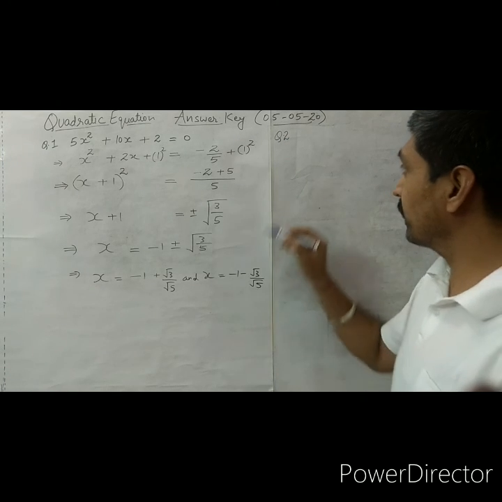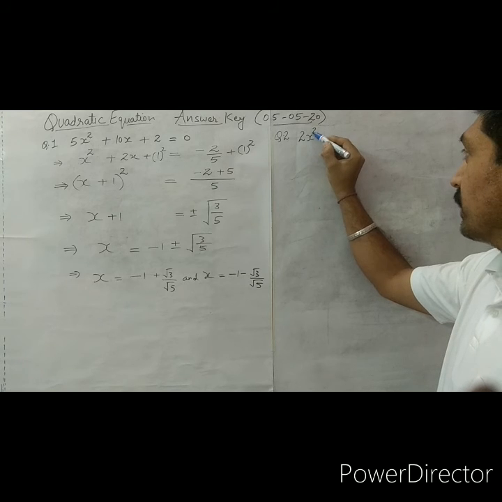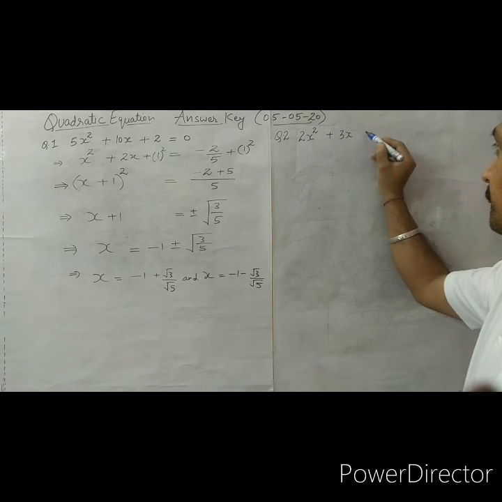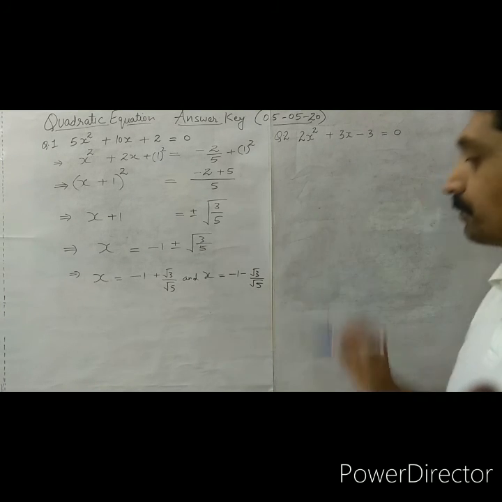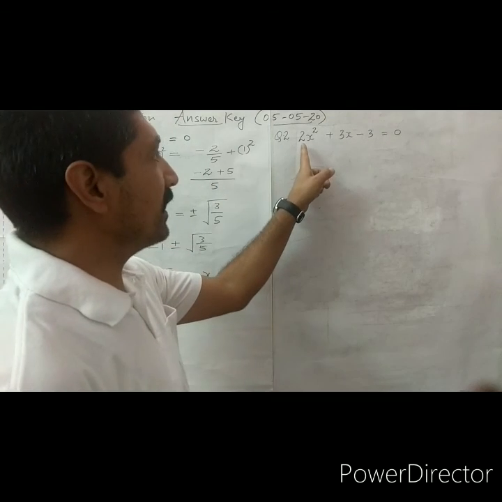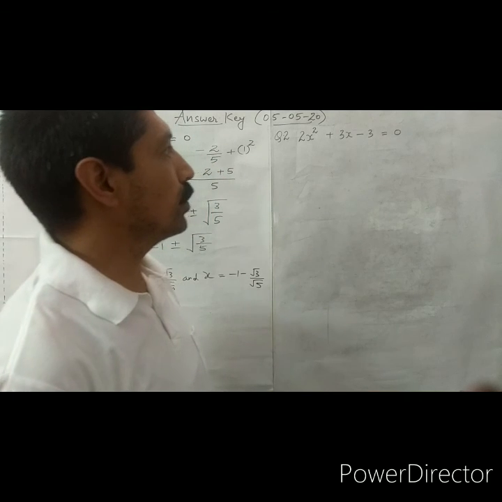In question number 2 we have twice of x square plus 3x minus 3 is equal to 0. Now again, if we want to move ahead with the completing square method, we will divide the whole equation by 2.